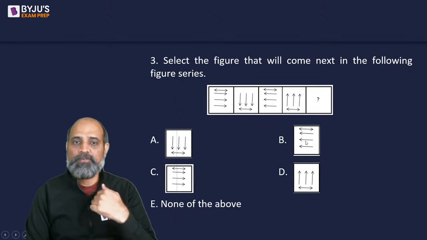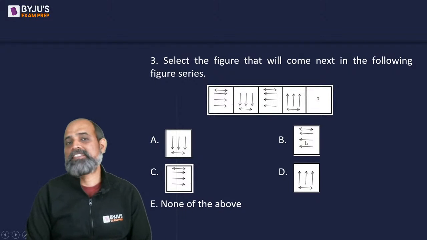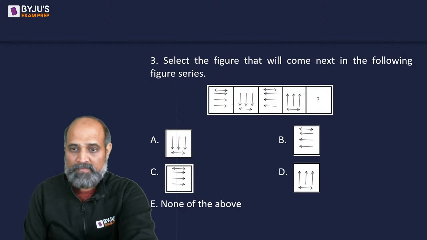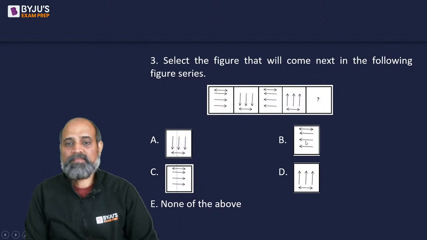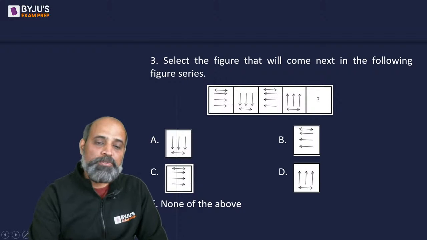Okay. Third one. We need to select the figure that will come next in the following series. Every figure is made up of two types, right?